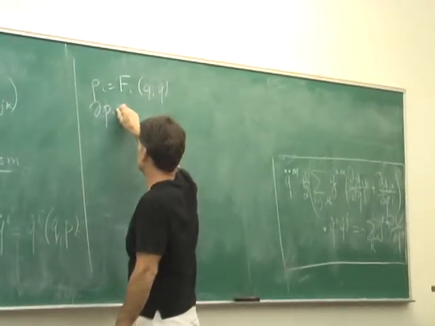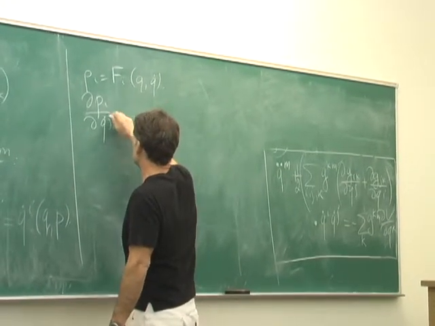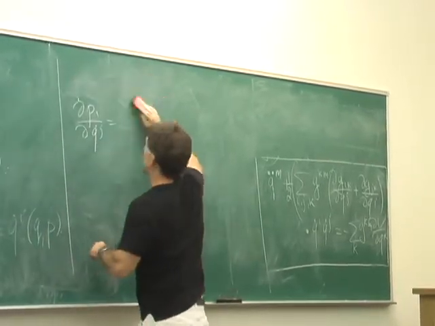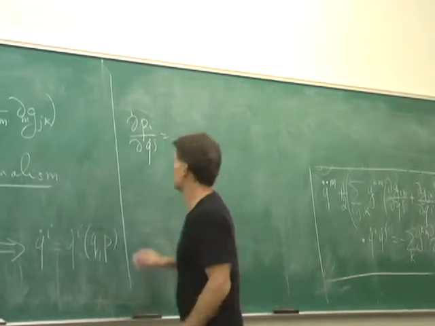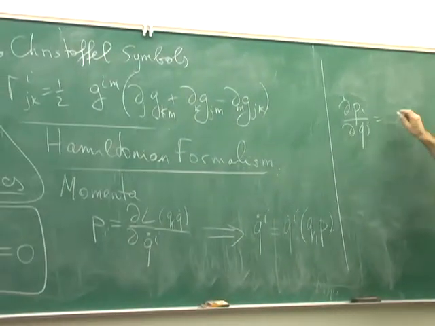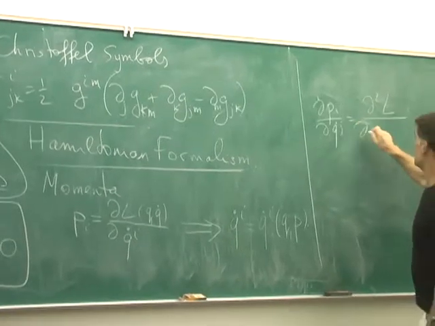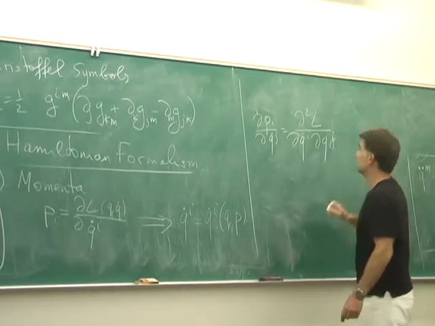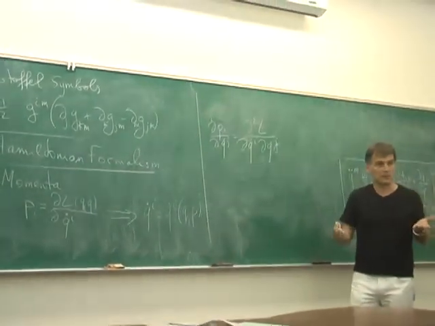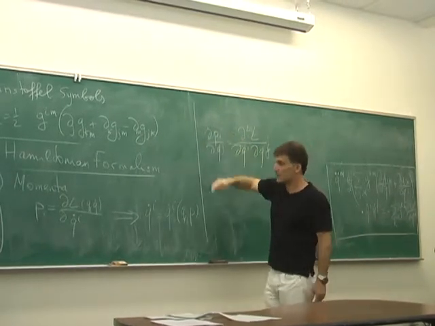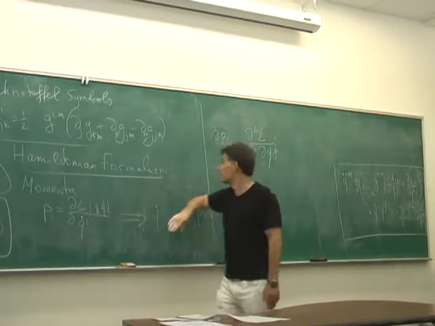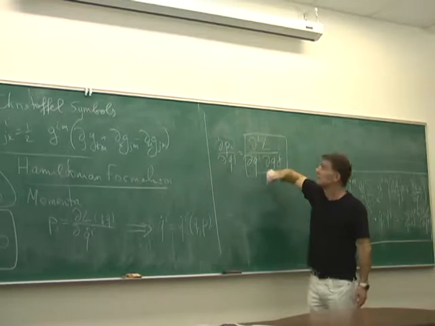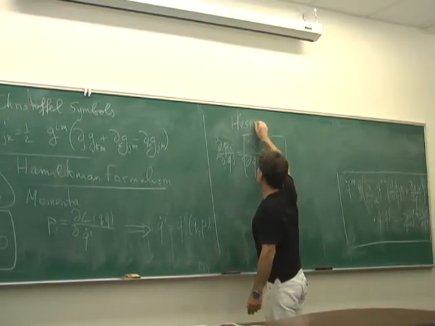If you take the Jacobian, the derivative with respect to q̇, then this is the second derivative of the Lagrangian with respect to the velocities. Look at that matrix. That's exactly this Jacobian. So this will be invertible locally if this Jacobian is invertible. That matrix has a name: it is called the Hessian.